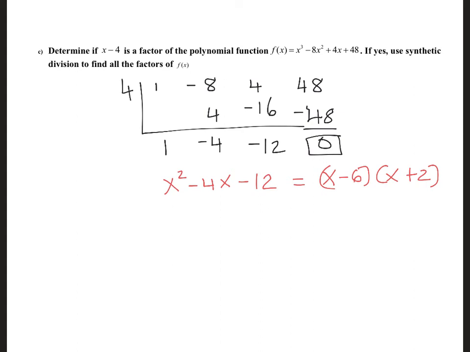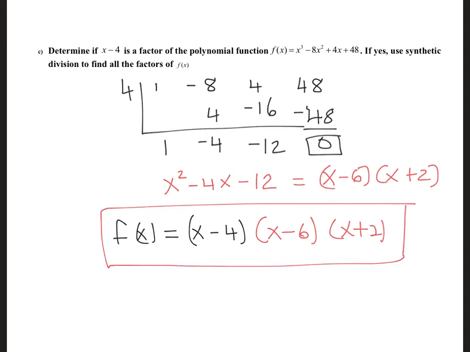And those are the factors. So now I can write all the factors. So f of x is going to equal the first factor which I was given, which was x minus 4, and then the ones I just got, which are x minus 6 and x plus 2.